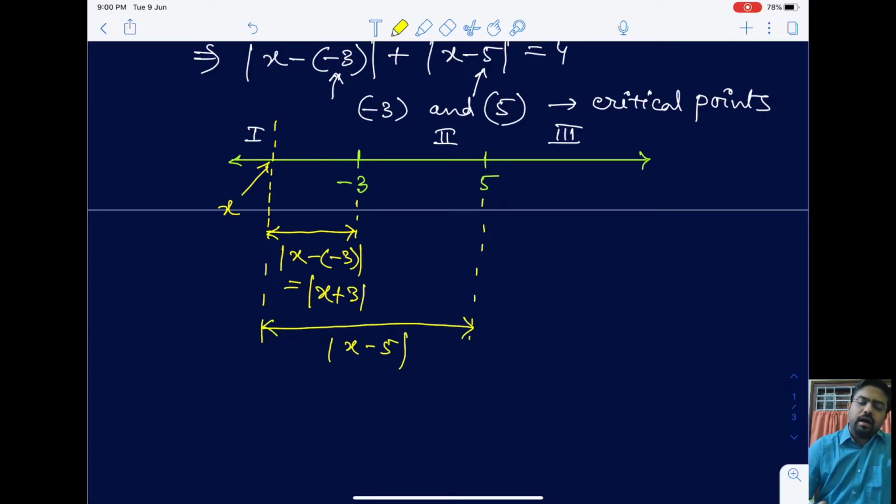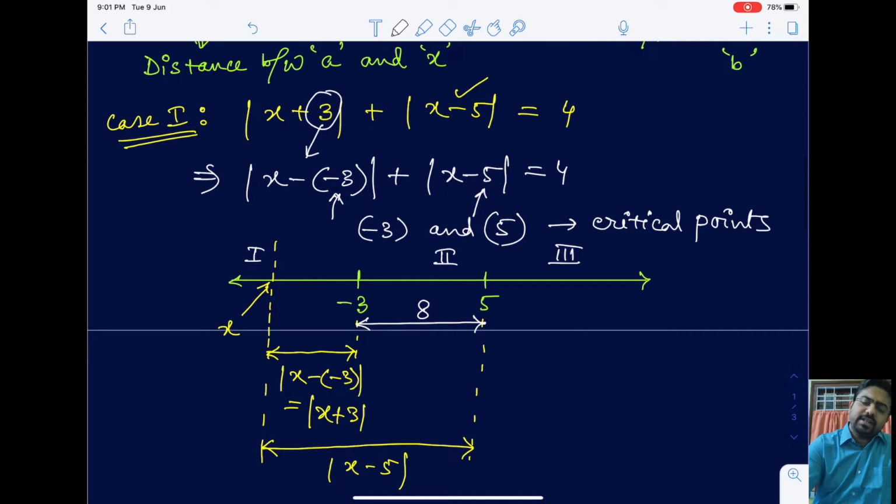Now we first have to understand the distance between the critical points. The distance between minus 3 and 5 on the real number line is obviously 8 units.